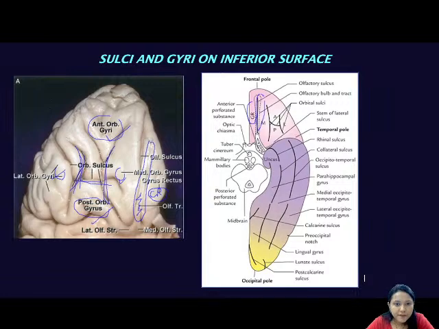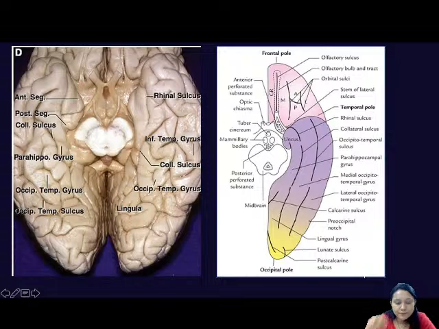Okay, so that is about the sulci and gyri on the inferior surface, the orbital surface. Let us go to the tentorial surface. Now, sometimes they ask you about the collateral sulcus. This is the collateral sulcus.